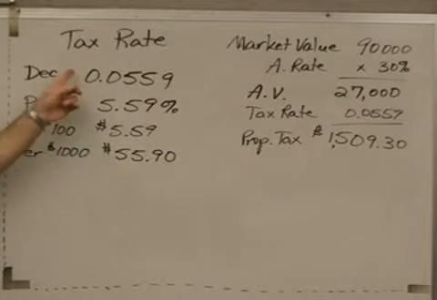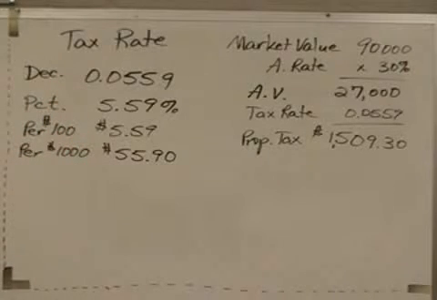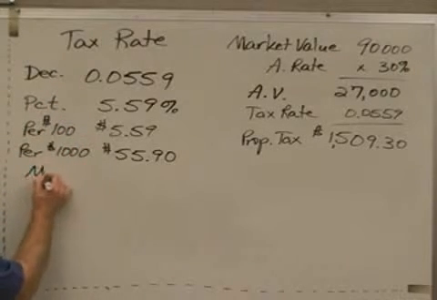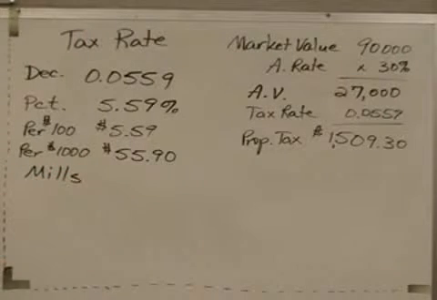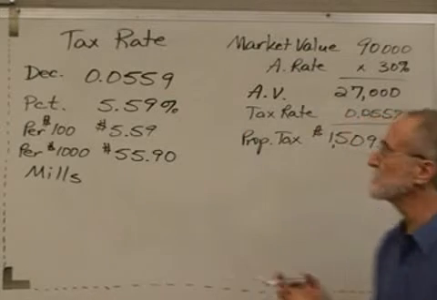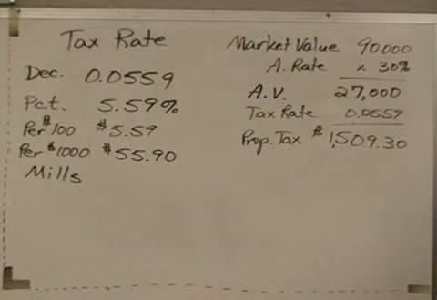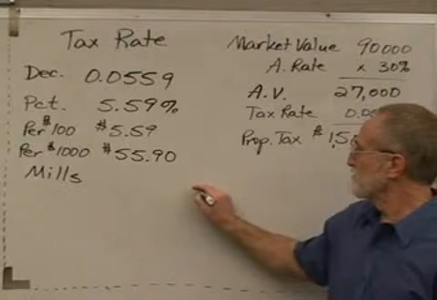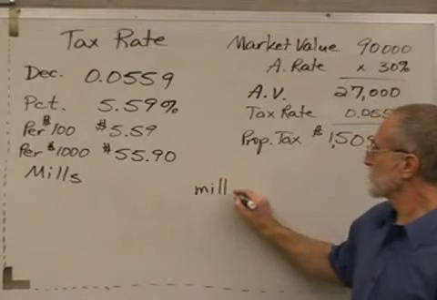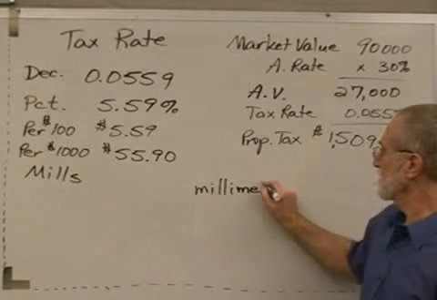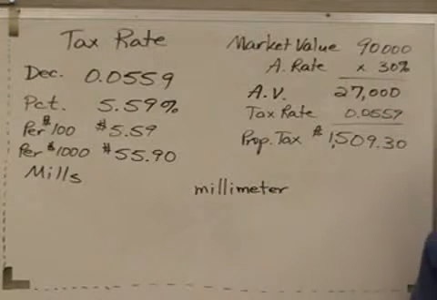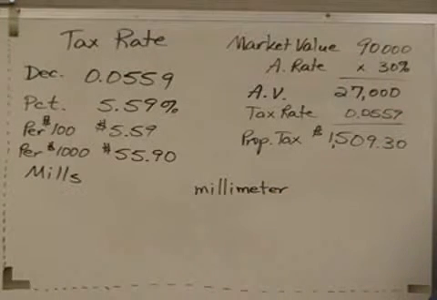And the reason I'm showing you these conversions is because we normally express tax rates in mills. Anybody ever hear of a millage election, where they're asking voters to approve an increase of so many mills in the property tax rate? Well, mill comes from the prefixes: how many millimeters are in a meter?